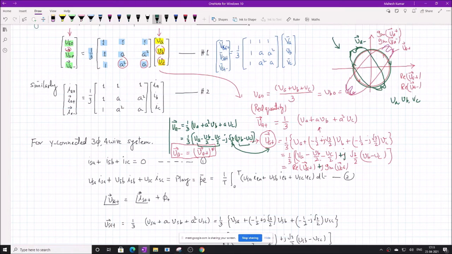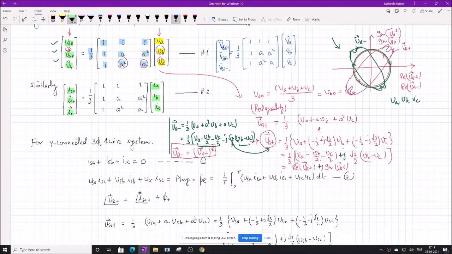We have proved that BA minus is equal to the conjugate of BA plus, and the nature is displayed here. Knowing this, we can express the instantaneous voltages into their instantaneous symmetrical components, and similarly the currents into their equivalent symmetrical instantaneous components.